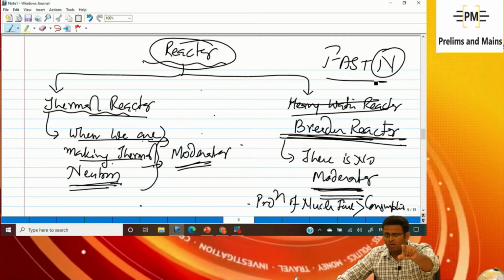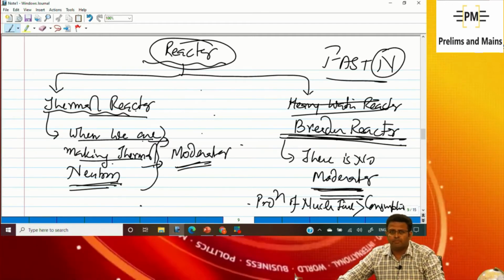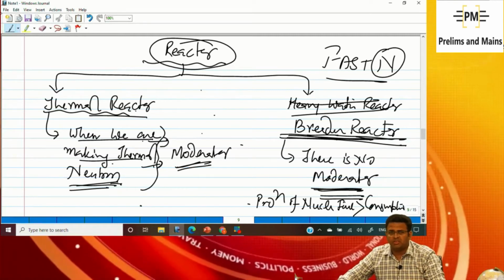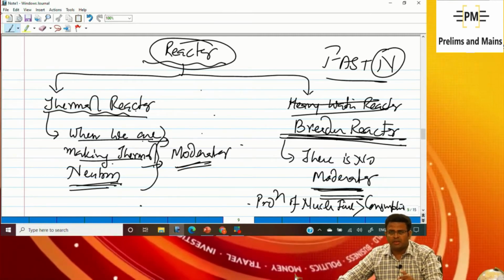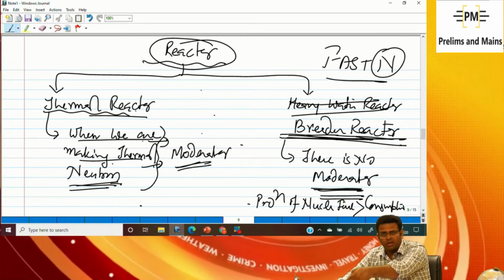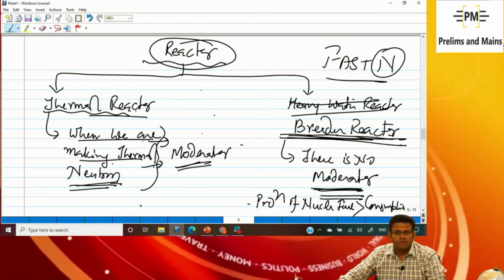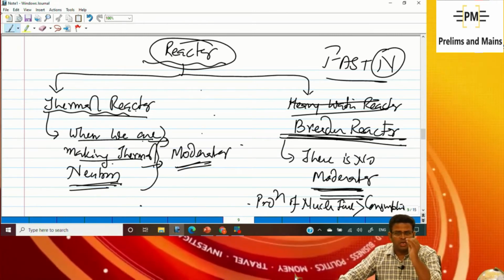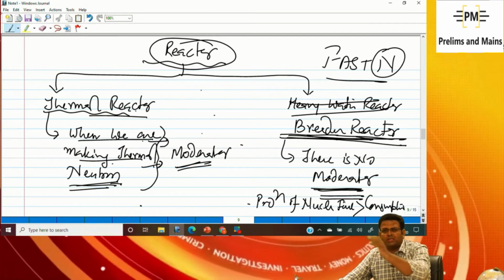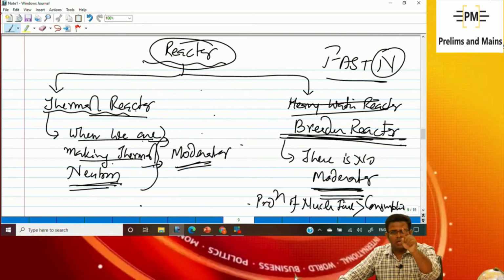Perhaps you are not able to understand what I am trying to say, that it is one of the greatest achievements of India. This fast breeder reactor is going to start in 2020 or maybe in 2021 in Kalpakkam, Chennai.